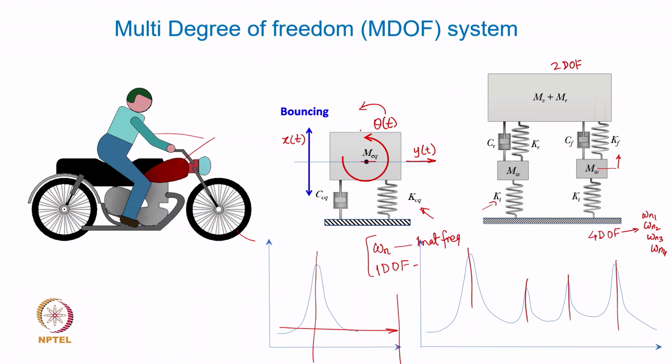If you only have this vertical excitation function, you may not be able to excite that kind of pitch motion in the mass, and then you may not get a pitch natural frequency. So, it is not only necessary that your system should have that natural frequency, but your excitation function should be such that it is able to excite that motion. But that part we will discuss later as well.